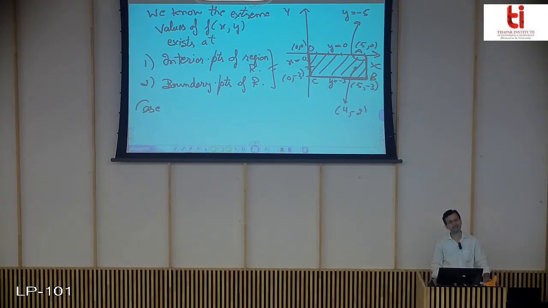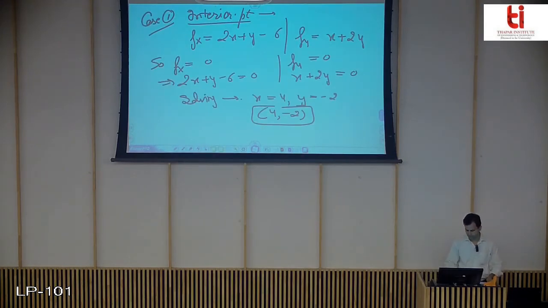So this is actually the interior point of the region, where about that point above in the surface there can be a maxima or minima or even a saddle point. So this is actually an interior point of region R.